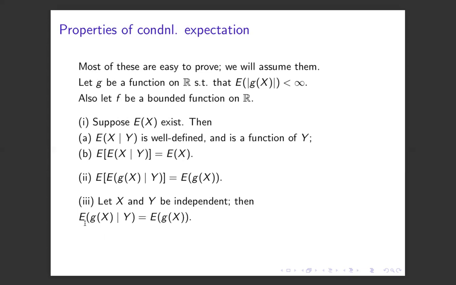Then the conditional expectation of g(X) given Y: since X and Y are independent, g(X) and Y are also independent. So any information concerning Y will not have any effect on g(X). Therefore, the conditional expectation of g(X) given Y is precisely the expectation of g(X). This is the intuitive argument. You can also prove it easily.